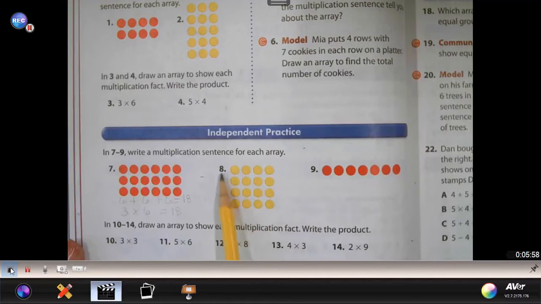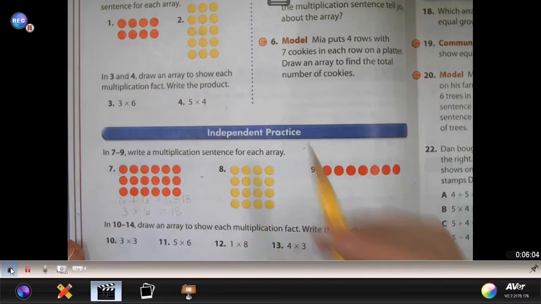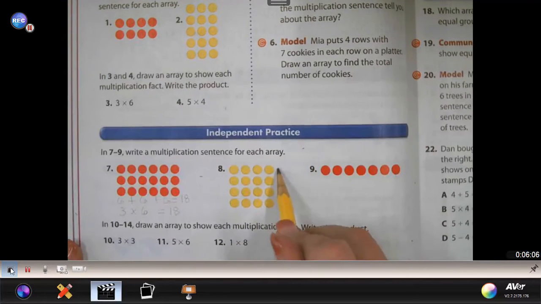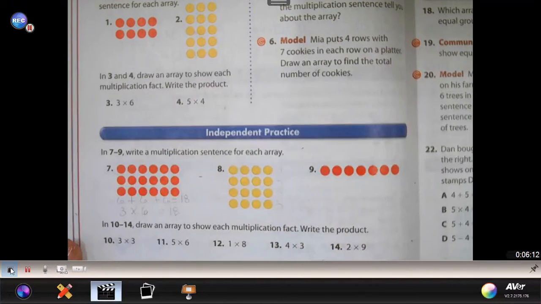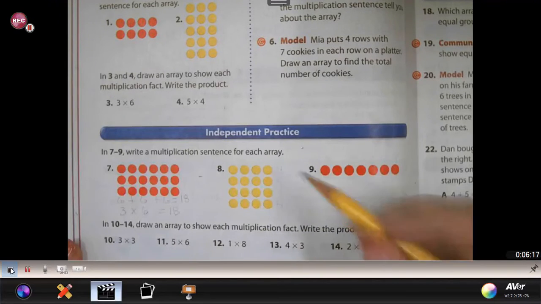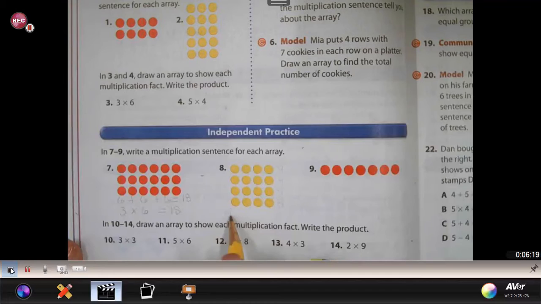Our next problem, we have 1, 2, 3, 4 rows, and 1, 2, 3, 4 in each row. So we know that there's 4 here, 4 here, 4 in that row, and 4 in that row. So if I write an addition sentence, it would be 4 plus 4 plus 4 plus 4.